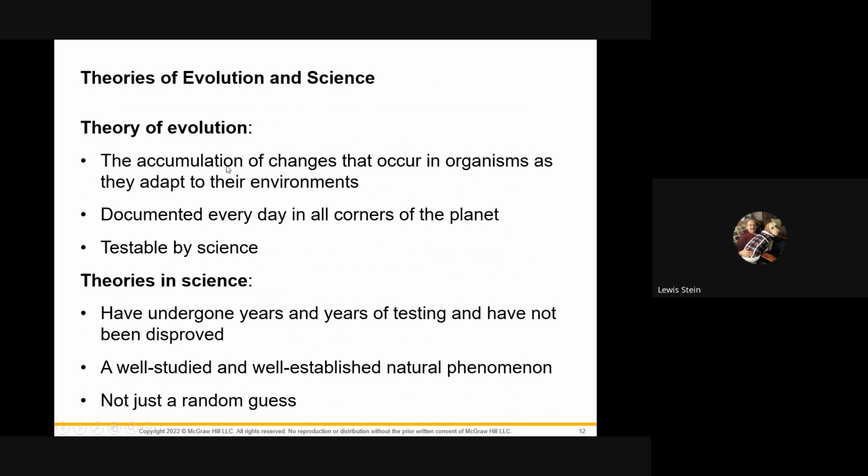So the accumulation of changes that occur in organisms as they adapt to the environment. Interestingly, if we go back and revisit what Darwin did, and I'm not an evolutionary biologist, I'm not an expert in evolution, you can poke holes in what Darwin did. But basically his premise was right. It was called descent with modification. As time goes on, all species, all living things continually mutate.